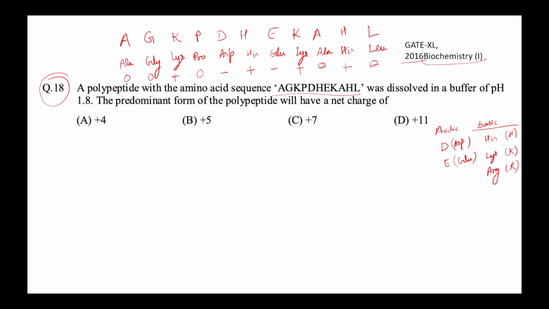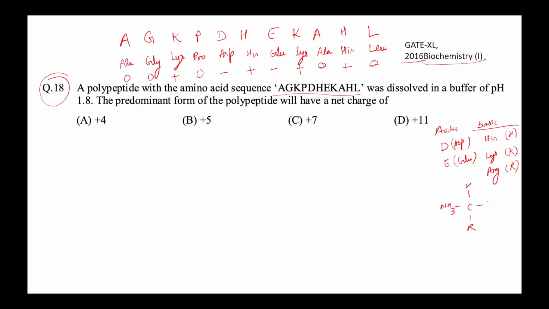If you count like that, you get 4 positive charge and 2 negative charge residues. So 4 minus 2 leaves only plus 2, but that is not the correct way to answer this question.